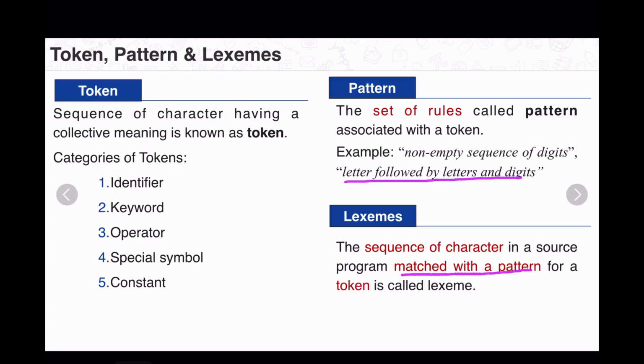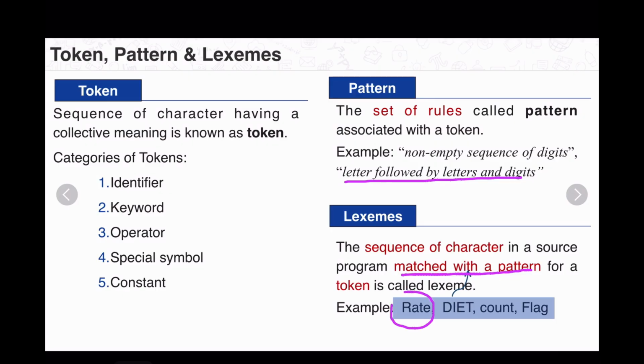For example, rate and diet, count and flags: these are variables used in a source program. Let us see that these follow some rules. Rate is an identifier, always a letter followed by letters.